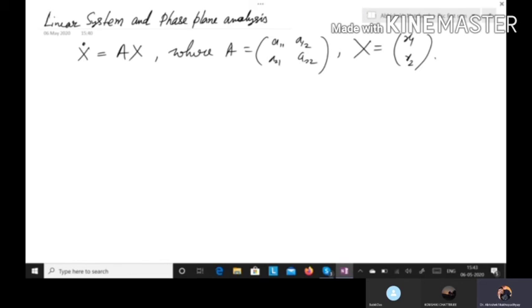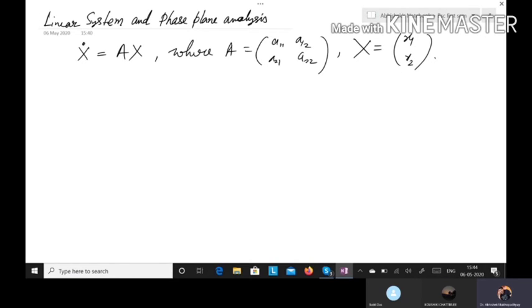The first one was A has 2 linearly independent real eigenvectors. The second one is A has only one linearly independent real eigenvector, and the third one is A has a pair of complex conjugate eigenvectors. And these 3 cases occurred due to the eigenvalues obtained from the characteristic polynomial of this matrix A.